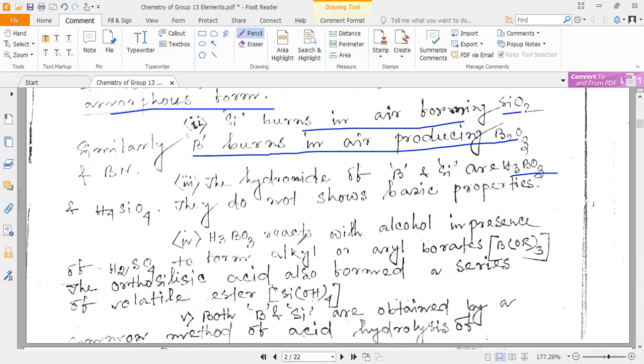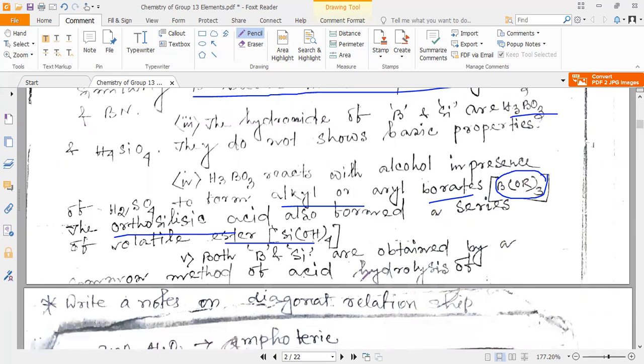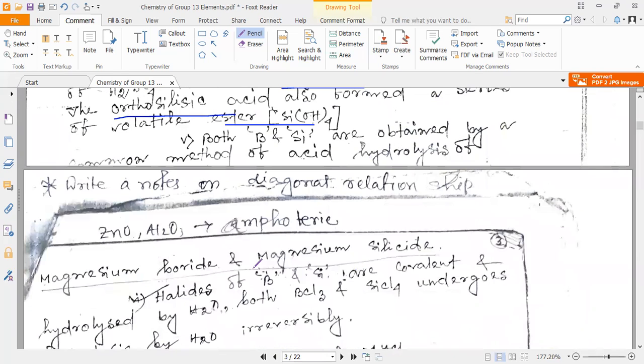Now, H3BO3 reacts with alcohol in the presence of sulfuric acid to form alkyl or aryl borate, that is, trialkoxy borate. On the other hand, orthosilicic acid also forms a series of volatile esters like tetraalkoxysilane. Finally, both boron and silicon are obtained by a common method, the acid hydrolysis of magnesium boride and magnesium silicide.